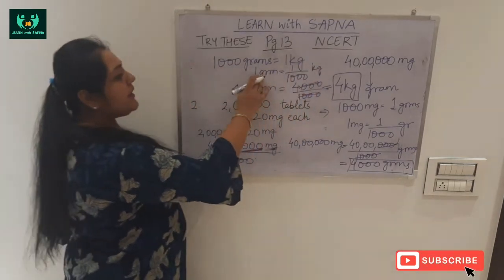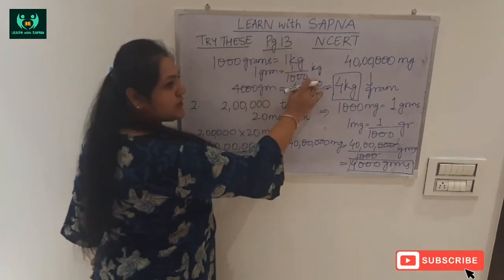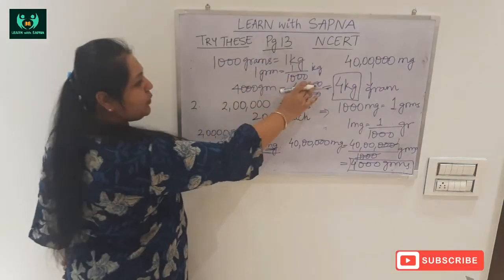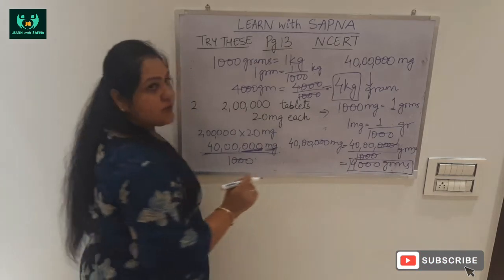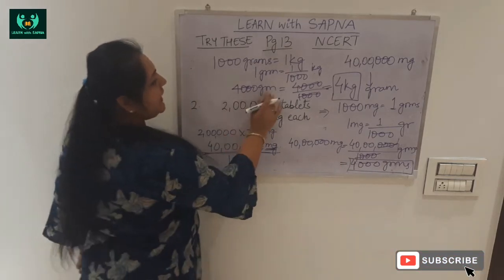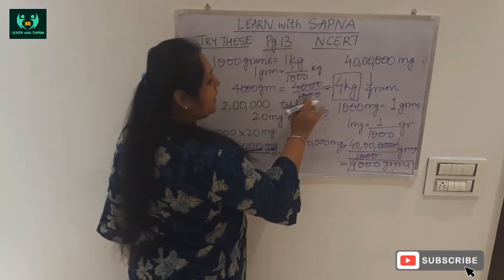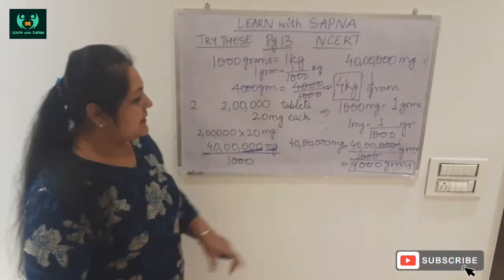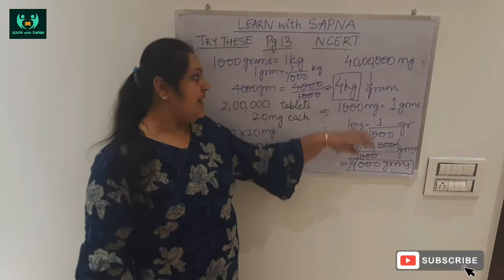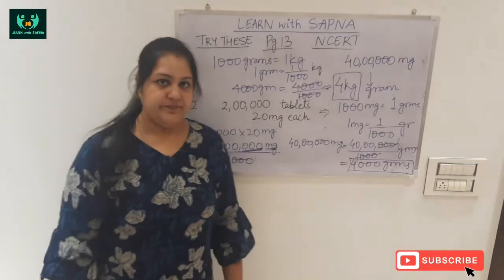So 1 gram becomes 1 divided by 1000 in the fraction form, 1000 will go down. Both sides will be multiplied with 4000 because we have 4000 grams. 4000 grams equals 4000 divided by 1000, 3 zeros go, 4 kg. So our answers are 4000 grams and 4 kg.